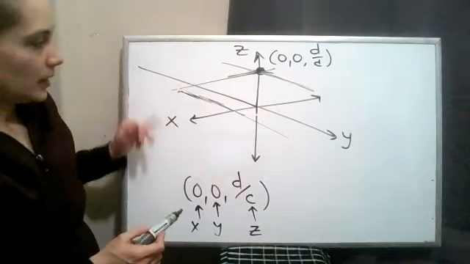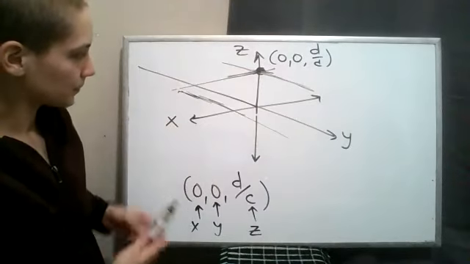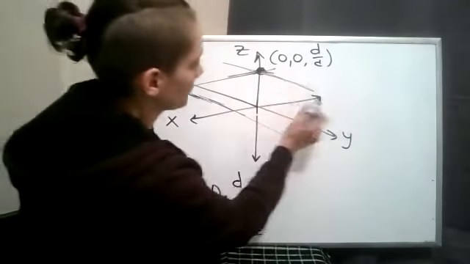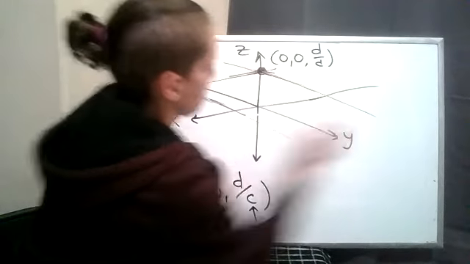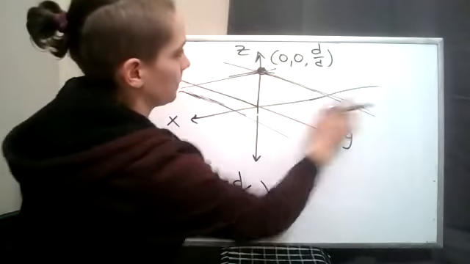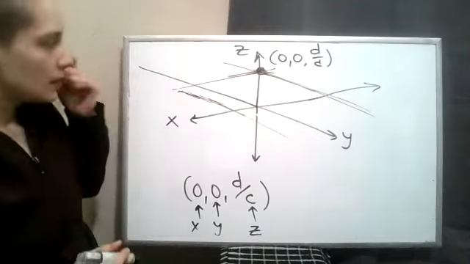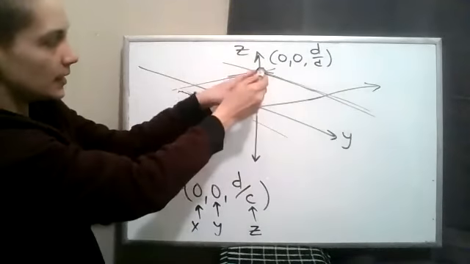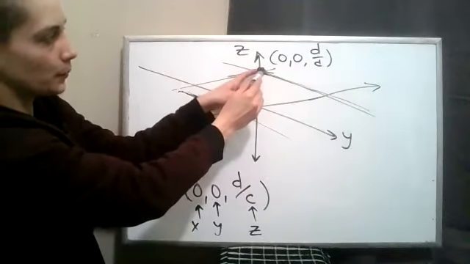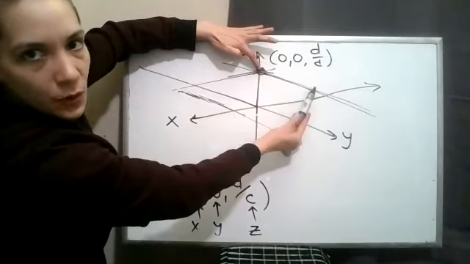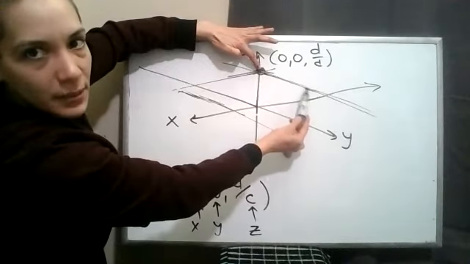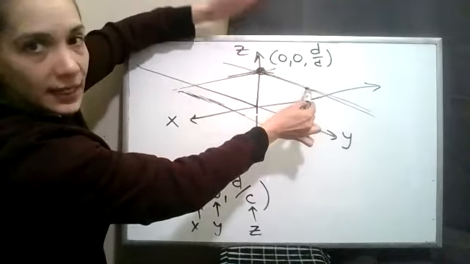Okay, last part: this is my z. Z has to equal d over c. So that's my z, and this way for y, and x can be any number.